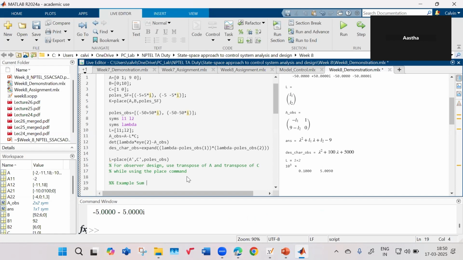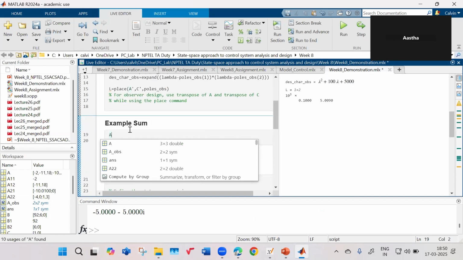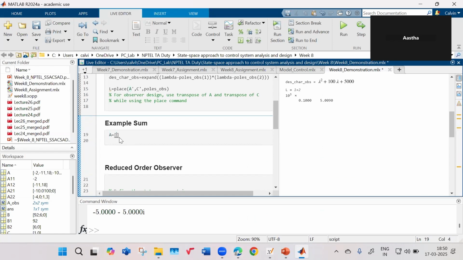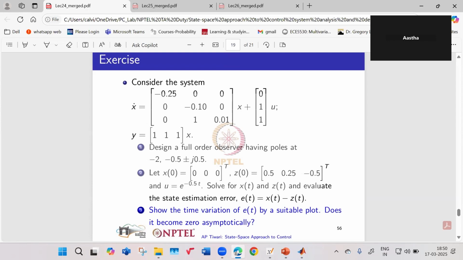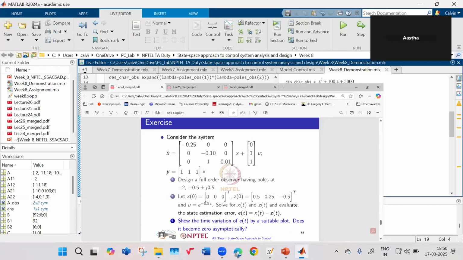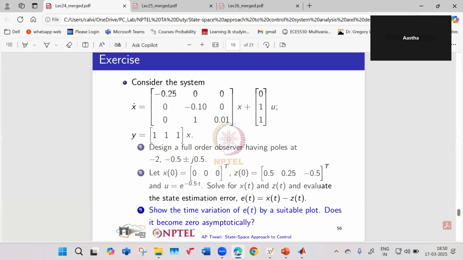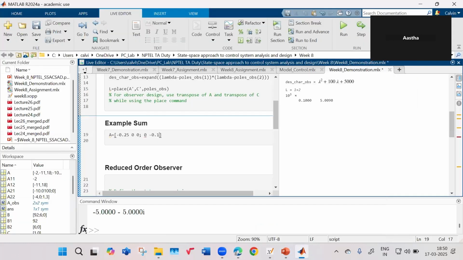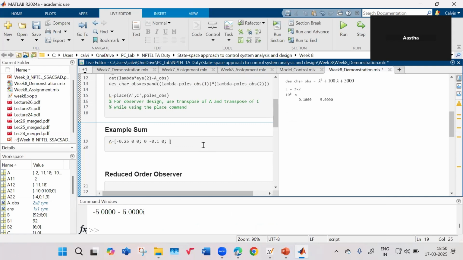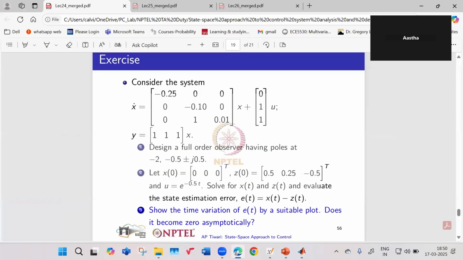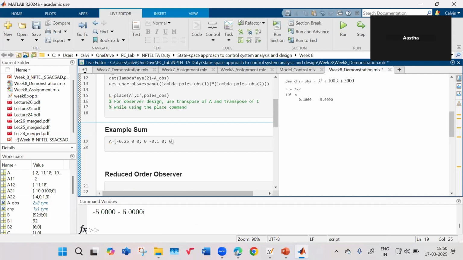Example sum we will consider. This is the A matrix. We write A matrix as -0.25, 0, 0, -0.10, 0.01, and so on.